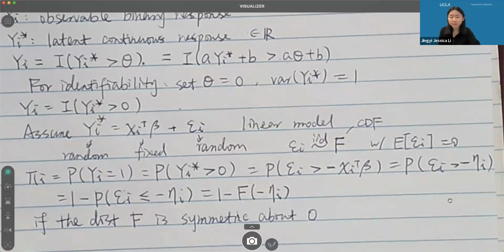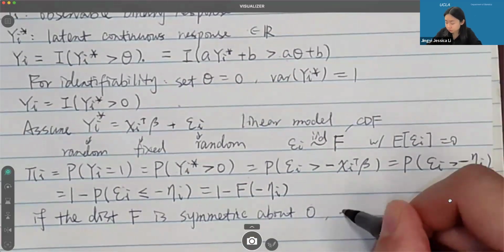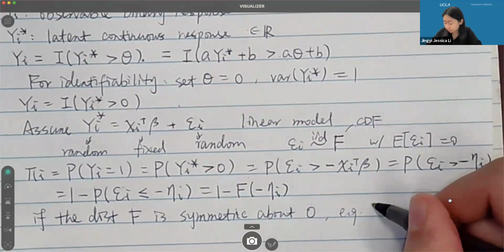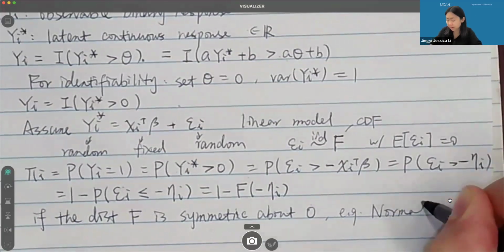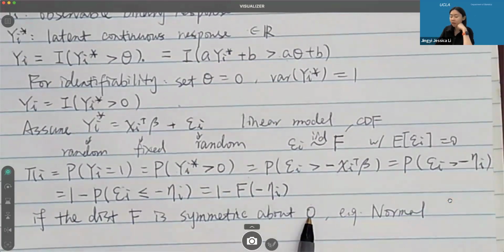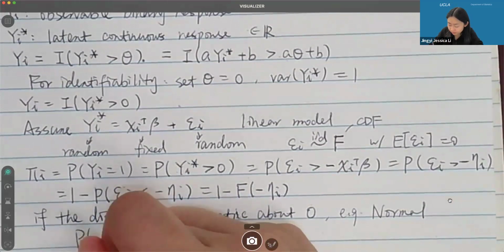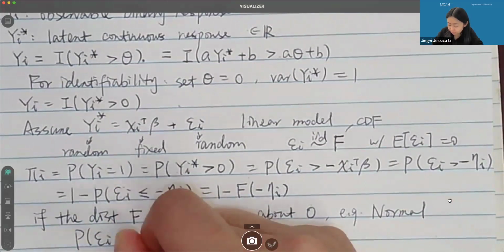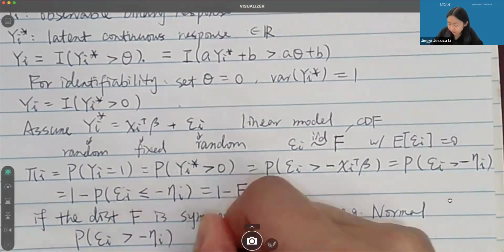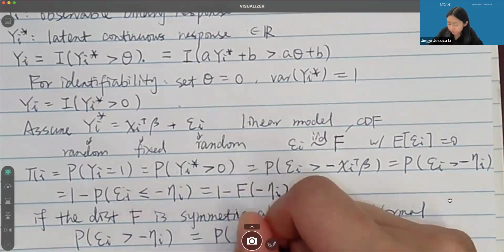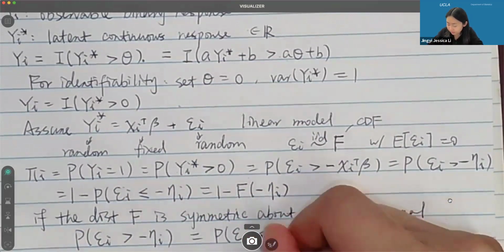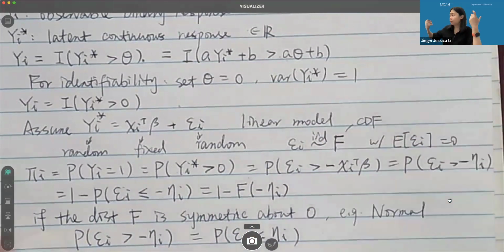This happens, for example, with the Gaussian distribution. The normal Gaussian distribution satisfies this about 0. So in this case, we know that the probability epsilon I is bigger than negative eta I is equal to the probability of epsilon I less than eta I. So you have the two tails being equal to each other.